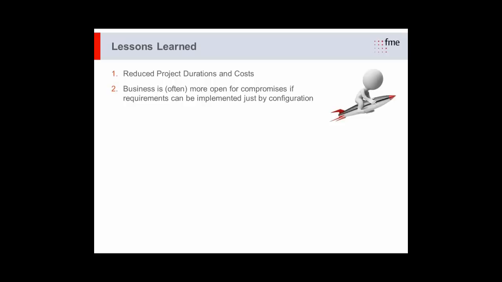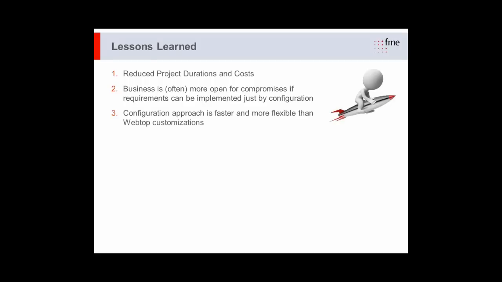When you offer a configuration option to the end customer, they often compromise on the solution if they save a lot of money and time. This is another advantage of D2.